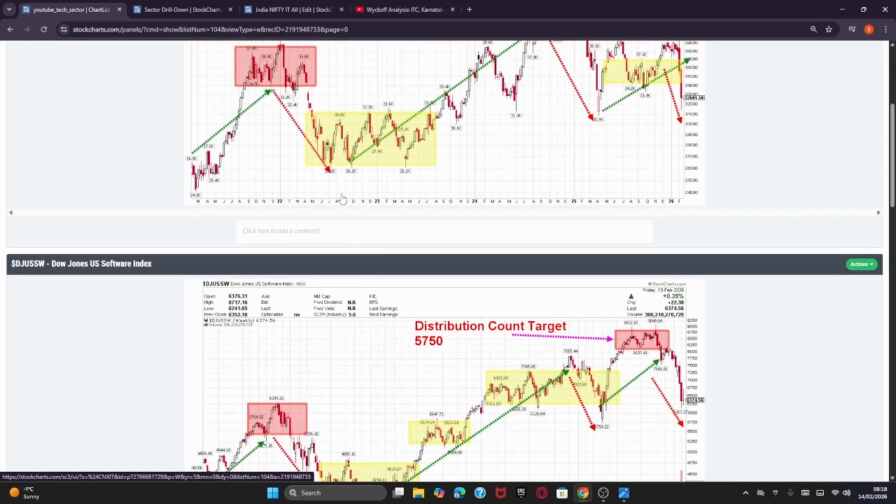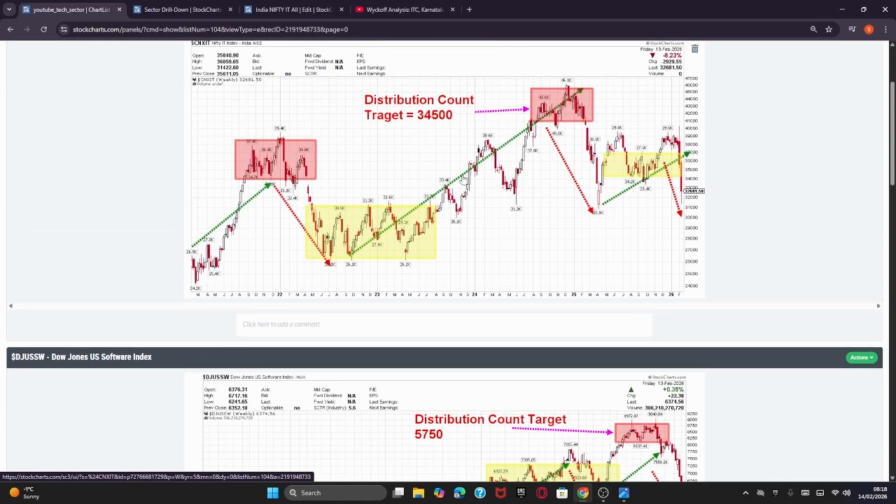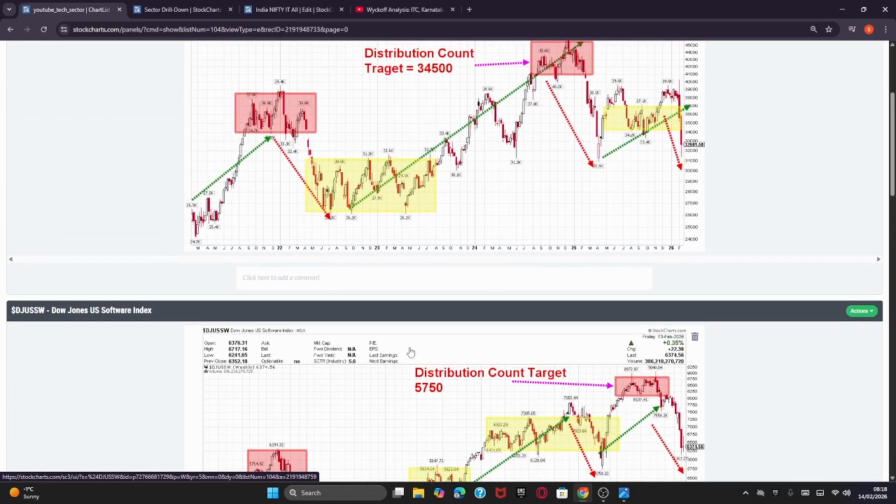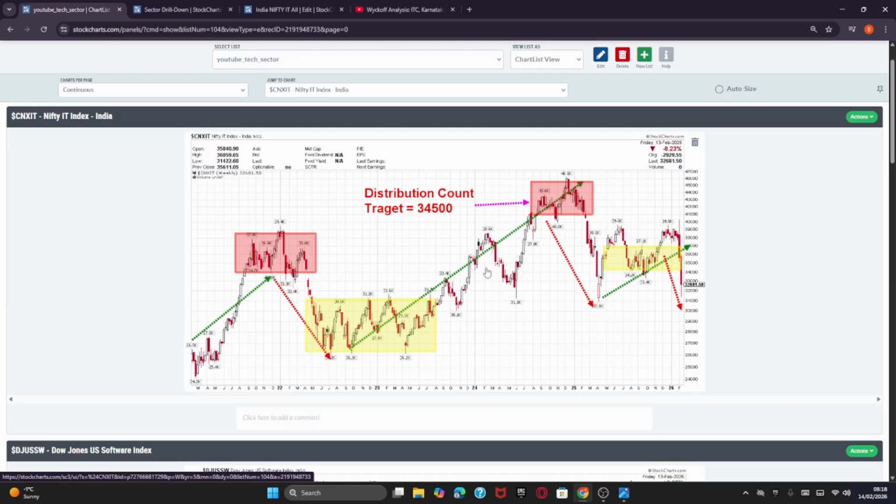So what happens then? You have a markup which started in the middle or end of the year 2022. In the same way, you can see in the US market also. The markup started at the end of the year 2022, and then it almost reached its peak somewhere around 2025.